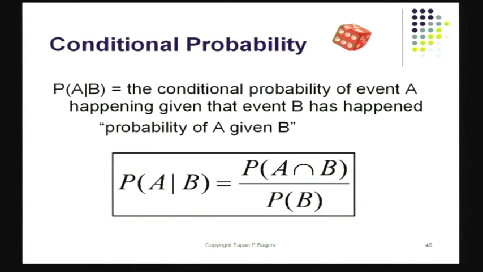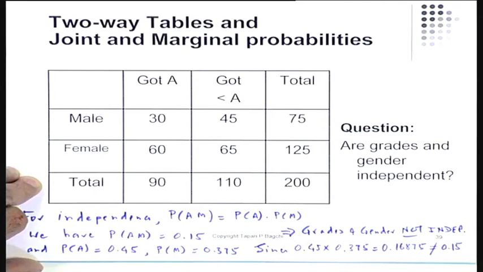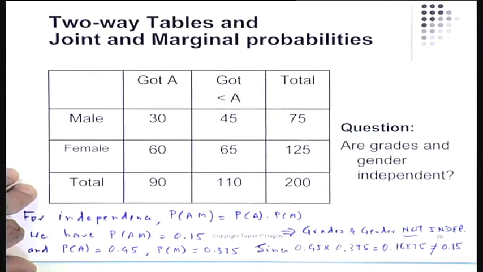Remember the conditional probability formula, which is this. And this formula I could also rewrite. Let me rewrite that for you on a sheet of paper. Then I think it will become a little more clear.